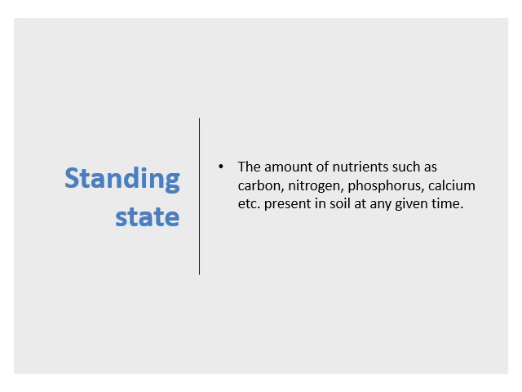Standing state is the amount of nutrients such as carbon, nitrogen, phosphorus and calcium and other minerals which are present in soil at any given time. We studied one more term in previous classes, which is called standing crop.